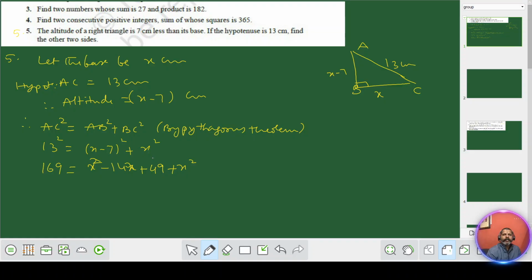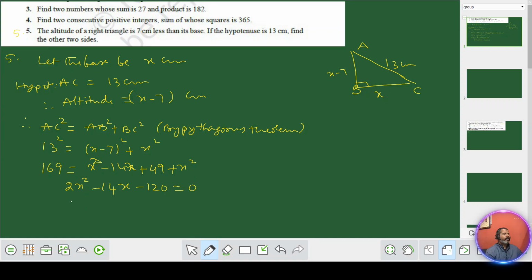Simplify and take 169 to the right side. x square plus x square is 2x square minus 14x. 169 comes to left means minus 169 plus 49 becomes minus 120.